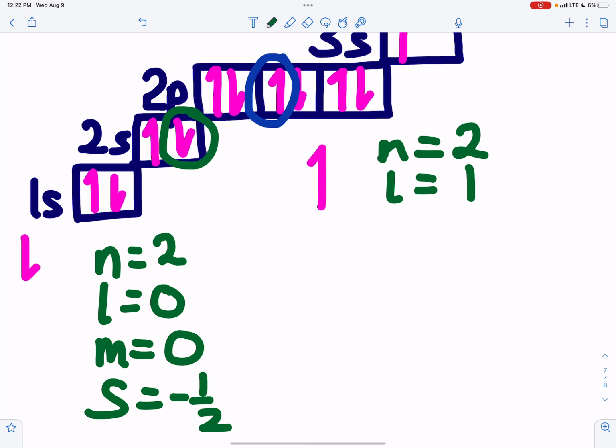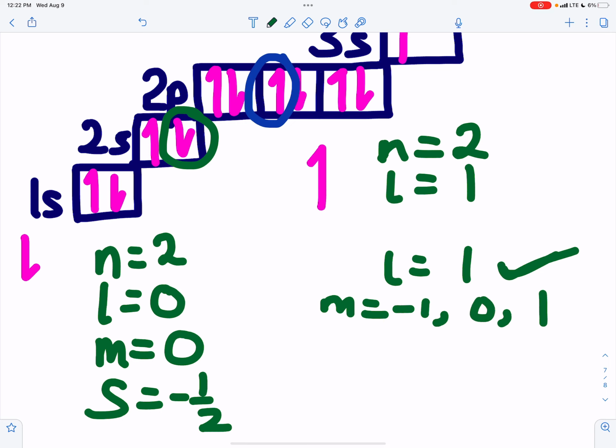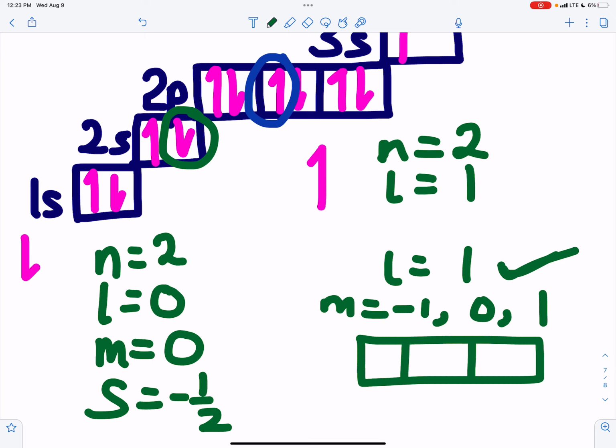So now when L is 1, the next quantum number is M. The possible values of M when the value of L is 1 are -1, 0, and 1. So when an electron is located in the p subshell, any p subshell has 3 orbitals. So these are the possible values. It can be -1 for 2px, 0 for 2py, and 1 for 2pz.